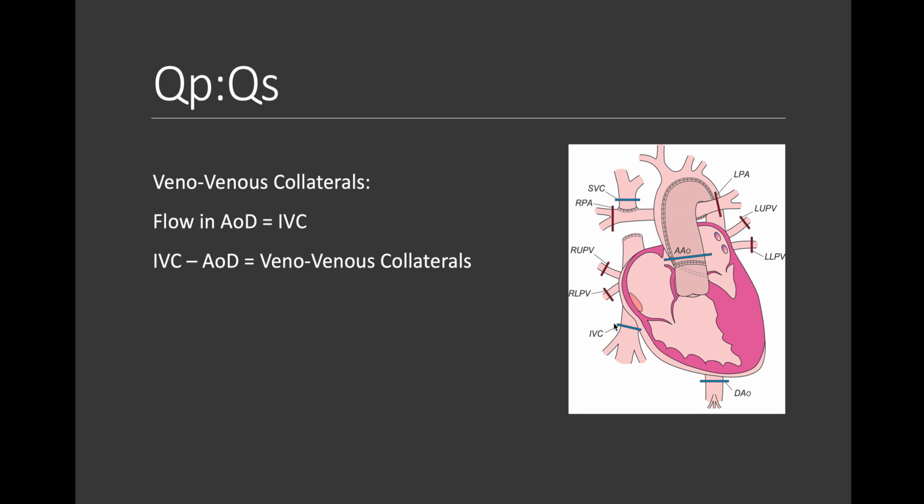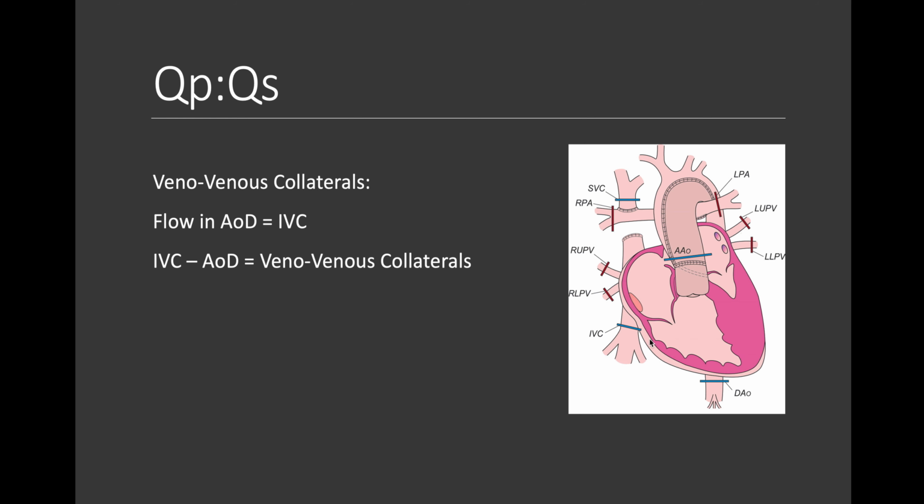An important fact is that if we measure the blood in the descending thoracic aorta at the diaphragm level, and we measure the IVC after collecting the hepatic veins, they should be the same, because at the diaphragm level this means the blood that went to the lower half of the body, and the IVC after collecting the hepatic veins means the total blood coming back from the lower half of the body, and they should be equal.